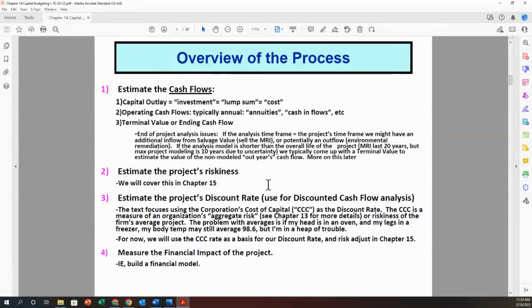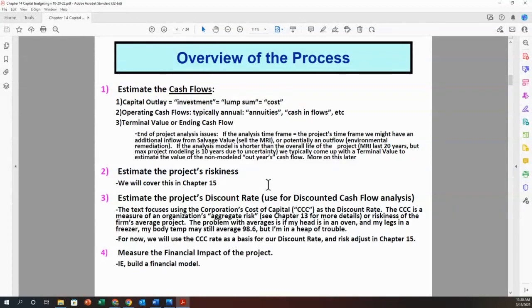So the text focuses on the corporation's cost of capital to measure the discount rate. It's a measure of the organization's aggregate risk. If you want to delve into that, you can read Chapter 13 and have your eyes glaze over.